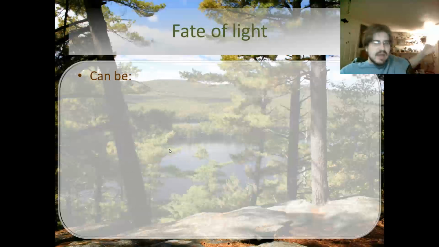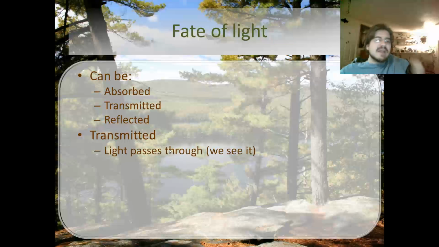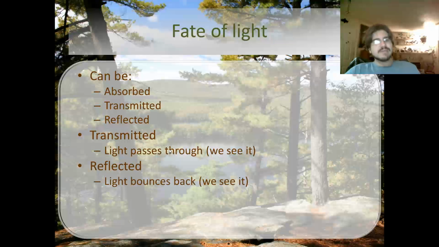So here's a slide where I talk a little bit more about that. Light can be absorbed, transmitted, or reflected, right? When it's transmitted, it passes through an object. So, light passing through an object, I can see the light as it passes through. When light is reflected, it bounces back, and I can see it.